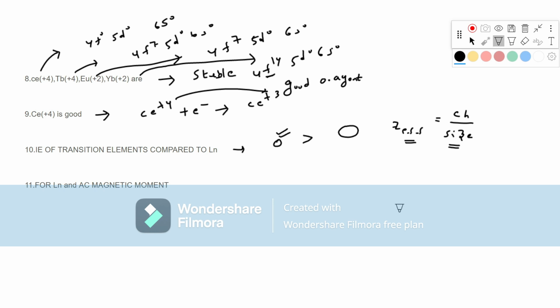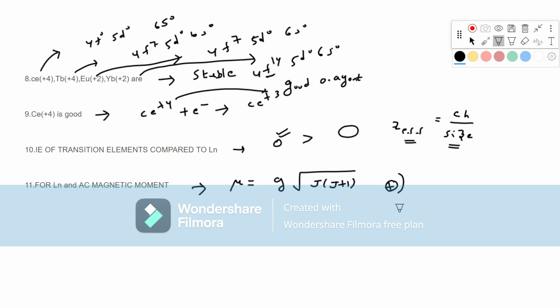Okay. So next, for lanthanides and actinides, what is the magnetic moment? For lanthanides and actinides, the magnetic moment formula you have to use is root over J into J plus 1. Why? Because see, suppose I have the nucleus here.